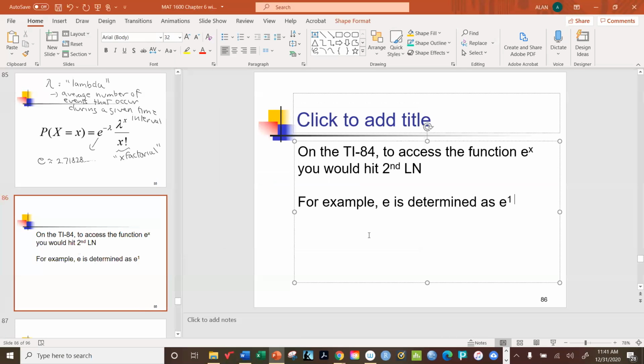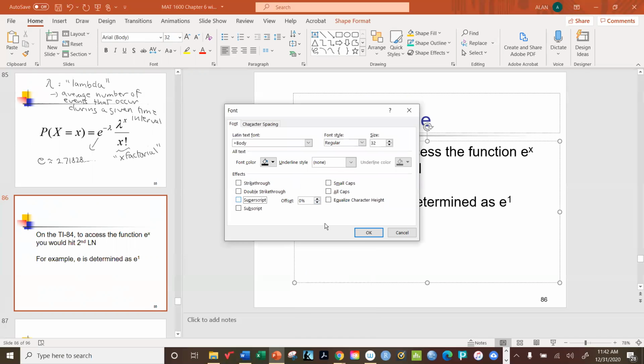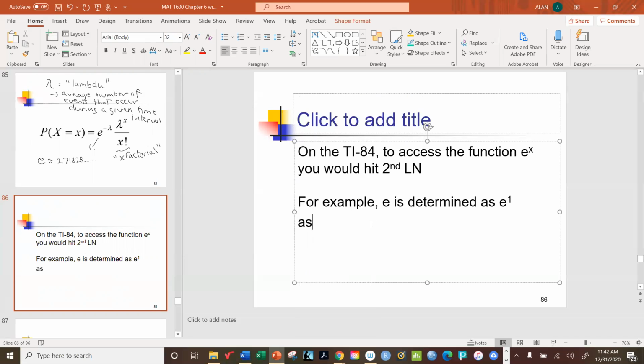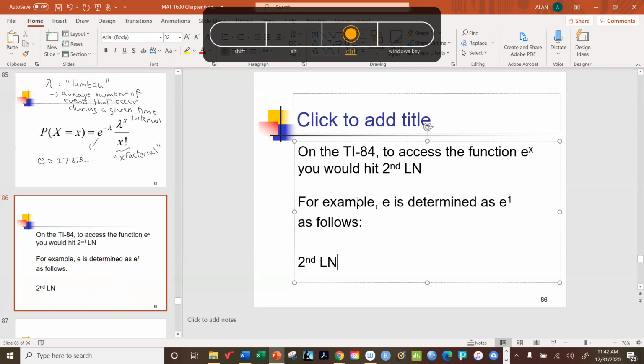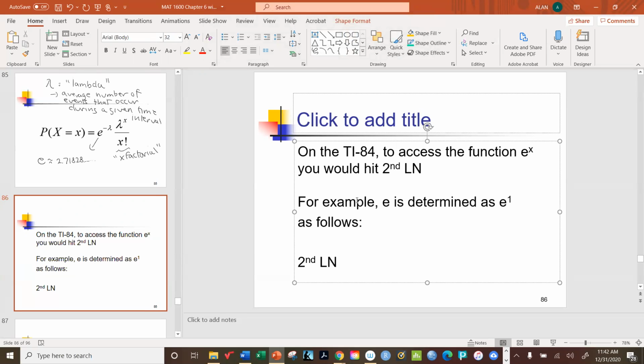But how would you actually do that? On this calculator, every calculator is different, you would type second ln, then second ln 1, enter.